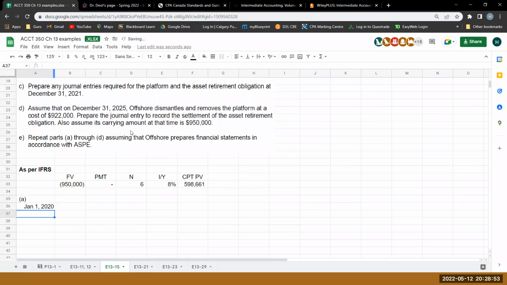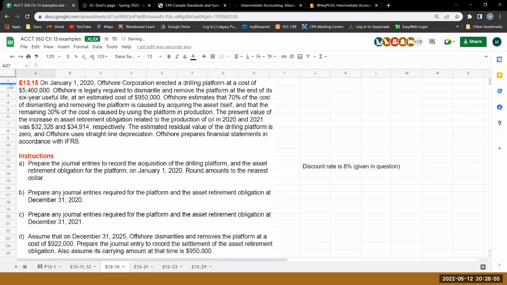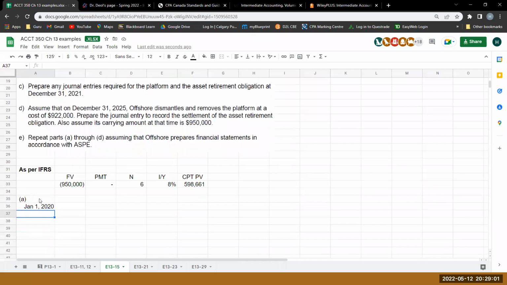We acquired the drilling platform for $5,460,000. You want to debit drilling platform $5,460,000.